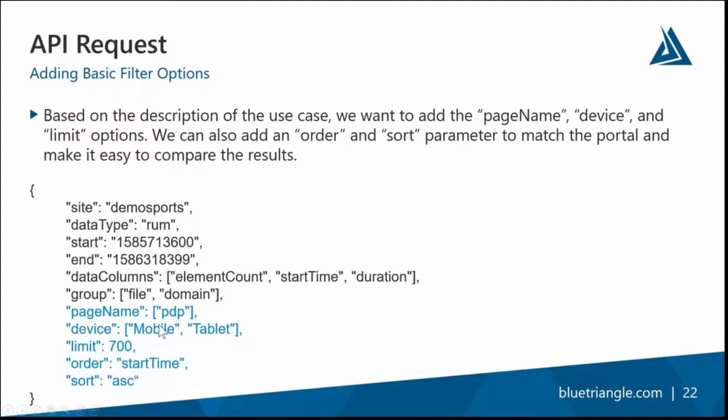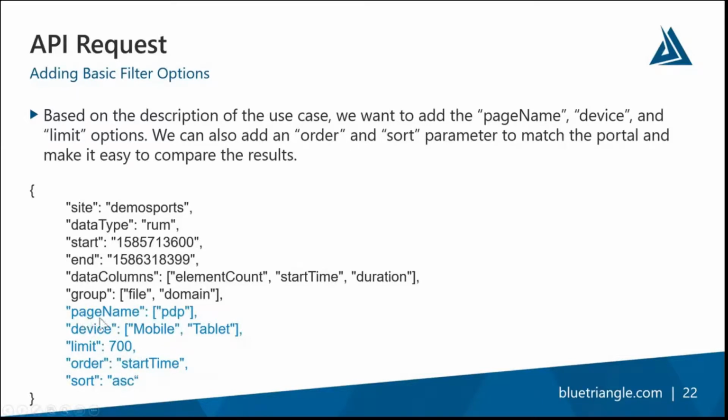So if you check our documentation, you can find these filter options. There's an entire section for what filter options are available, and you'll find the name, the parameter name, and whether it's an array or an integer or a string, and what the options are.